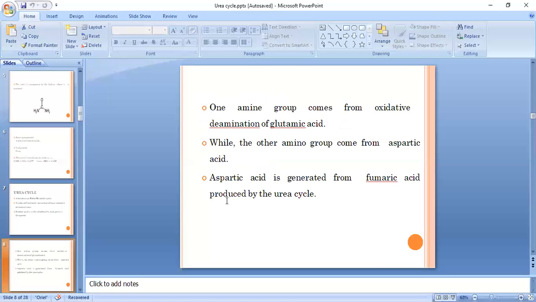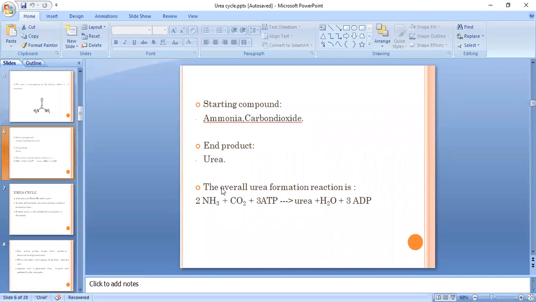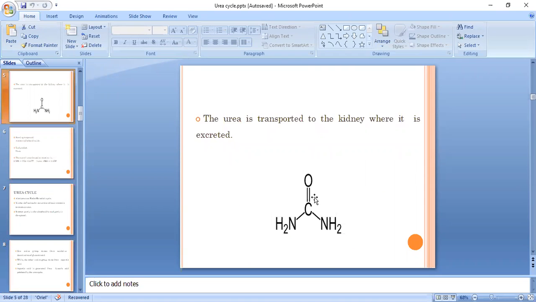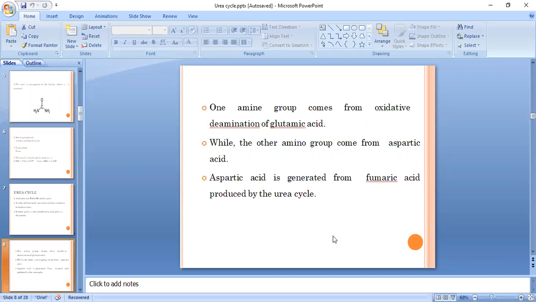Here is the structure of urea: carbon attached with a keto group with a double bond to O, and two amine groups. These two amino groups are obtained from amino acids.